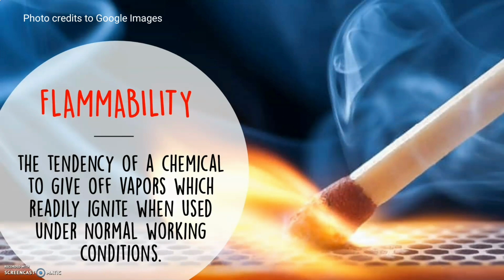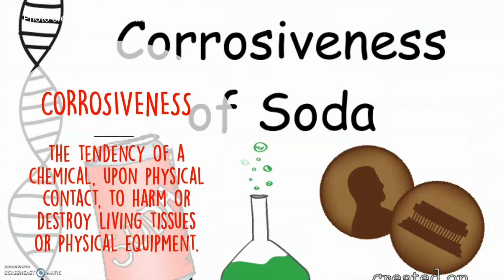So this is the tendency of a chemical to give off vapors which readily ignite when used under normal working conditions. And lastly, we have corrosiveness, the tendency of a chemical upon physical contact to harm or destroy living tissues or physical equipment.